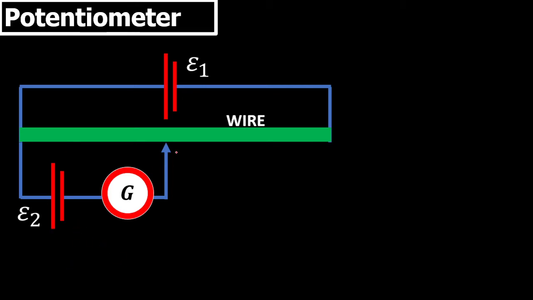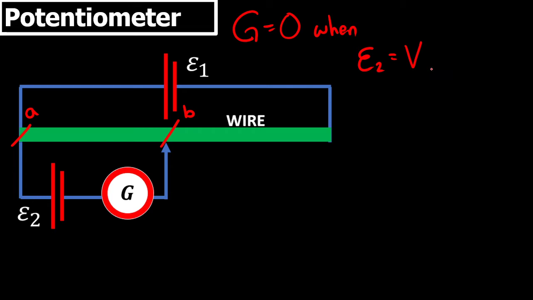In other words, the galvanometer will show a 0 reading when epsilon 2 is equal to the voltage across, let's call this A and this B, that is the potential difference between A and B. When they are equal, the galvanometer will show a 0 reading.